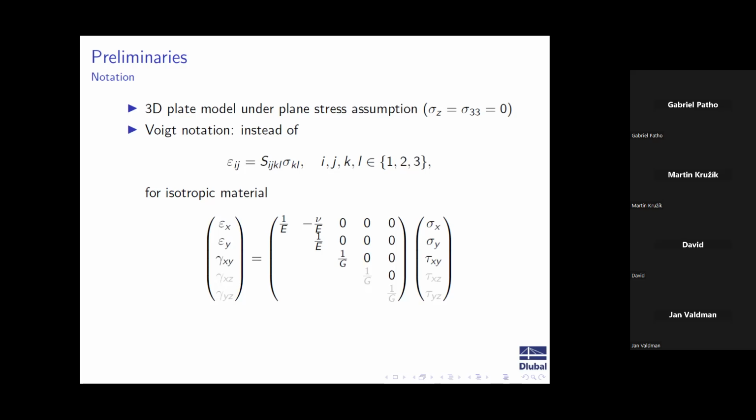So I have just written Hooke's law for our isotropic material in its most basic form. This is what 80% of civil engineers use. They stop here.